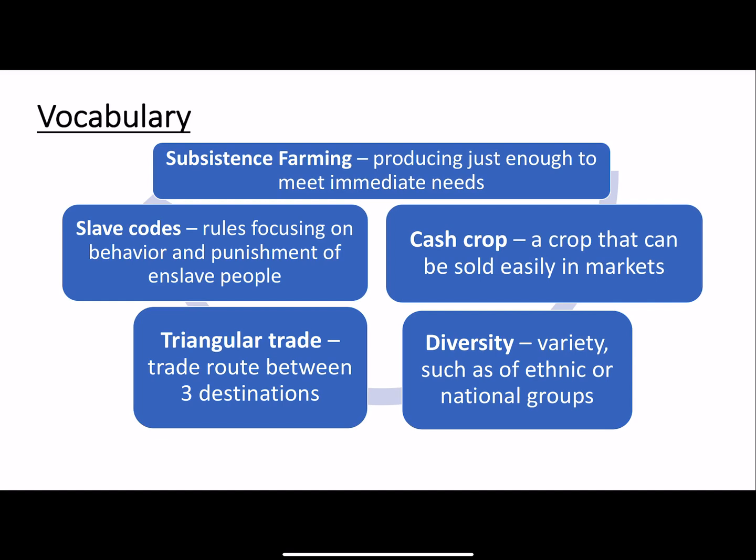Then we have a cash crop. It is a crop that can be sold easily in markets. People in the South grew cash crops because they had large fields and a lot of workers. They farmed to make money. Then we have the triangular trade, which was the trade route between the three destinations. And diversity, which is a variety such as of ethnic or national groups.